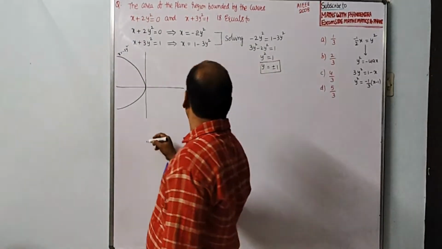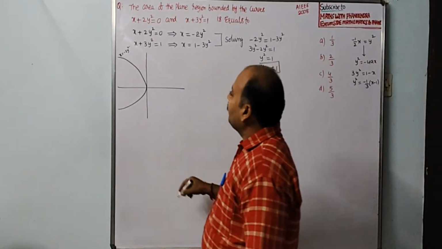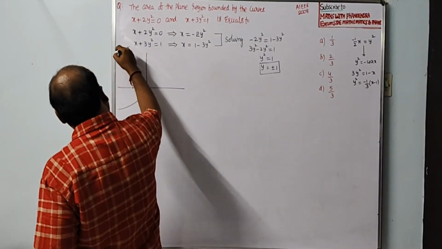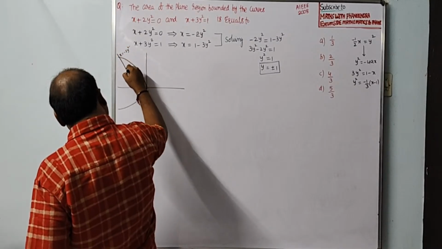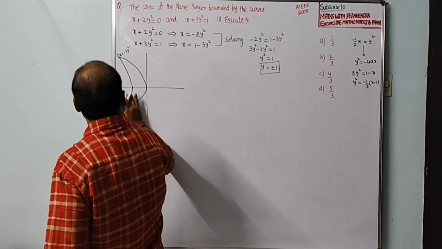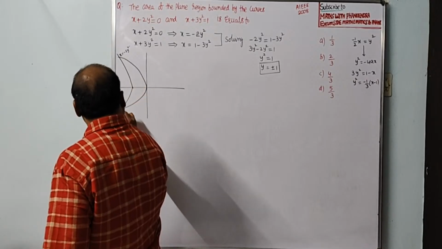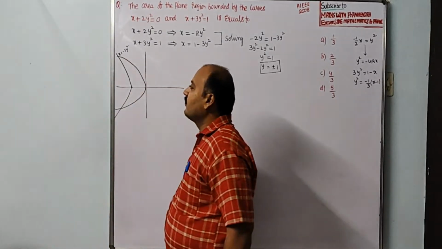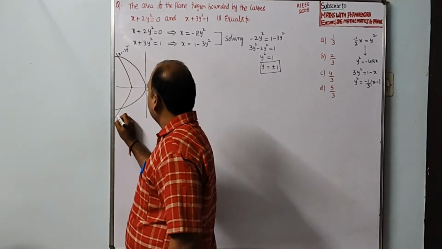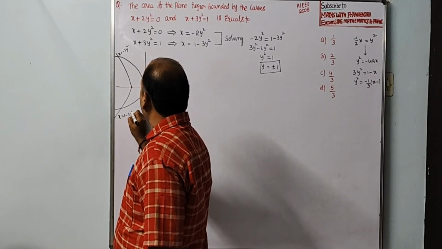So the vertex will be here, 1 comma 0. So the parabola looks like this, it cuts. This is the second parabola curve. This parabola is x equal to 1 minus 3y square.